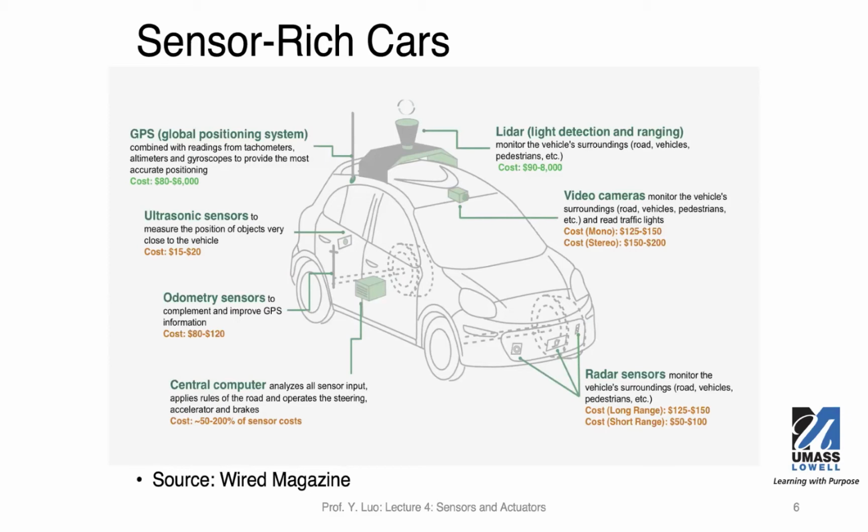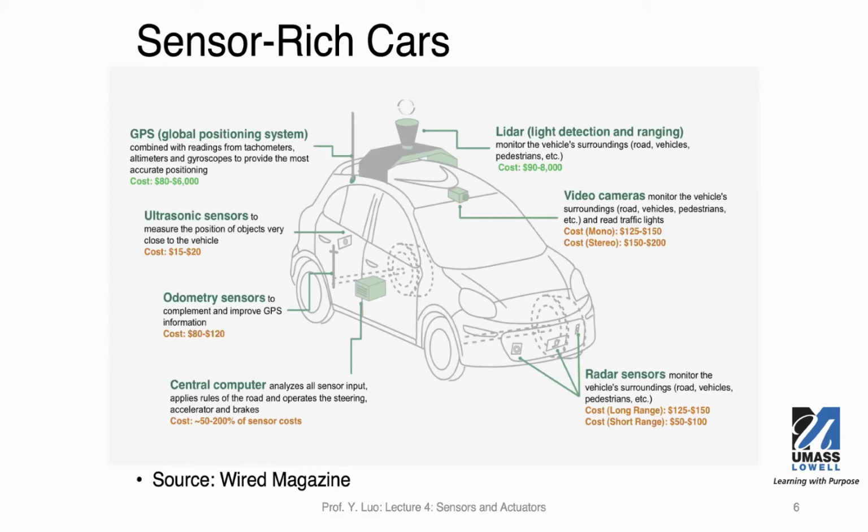And ultrasonic sensors is to measure the position of objects very close to the vehicle, as opposed to LiDAR. So that's the light detection and ranging. That's to monitor the vehicle surroundings, road, vehicles, other vehicles, pedestrians, etc. And that's used to measure objects with a further distance.